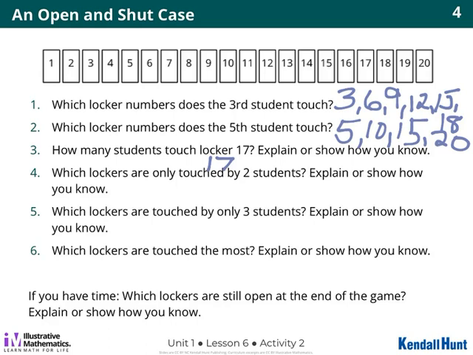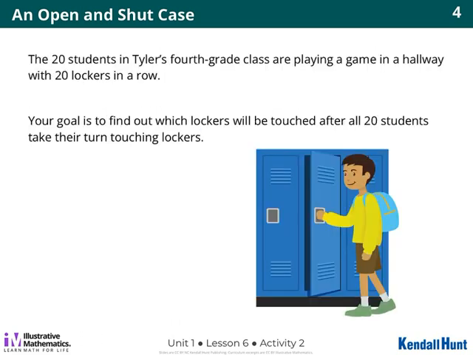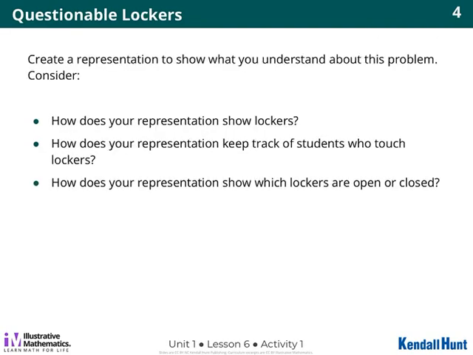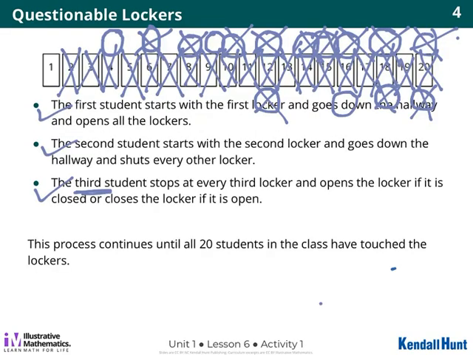Which lockers are only touched by 2 students? I have to go back to my diagram. But look at your work. Which lockers were only touched by 2 students? George. 4. Yeah. 9. 4, 9.